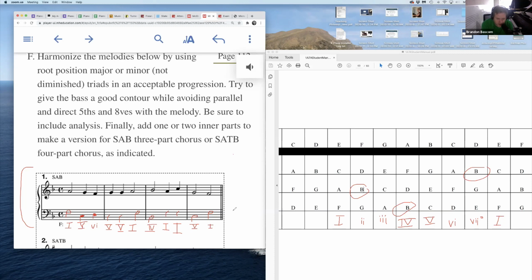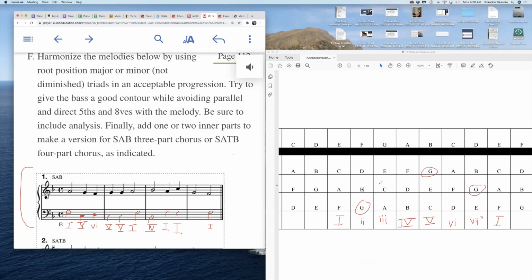The one can go to anything, yeah? As far as I believe it can. So what chord do we have that has a G in it? The 3.